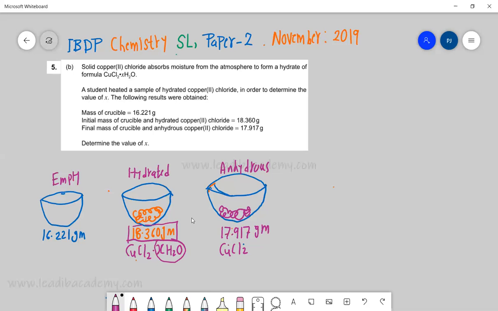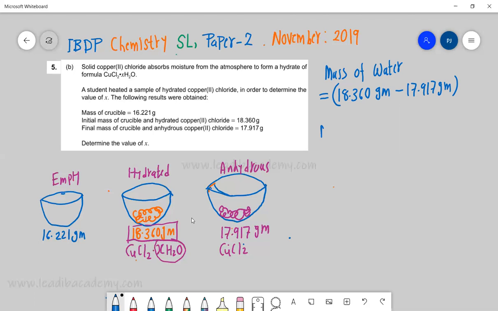Very, very straightforward. Now understand. So how to calculate now the mass of water? It's simple. It is going to be the difference between the hydrated and anhydrous. It means that it is 18.360 gram minus anhydrous, that is 17.917 grams.